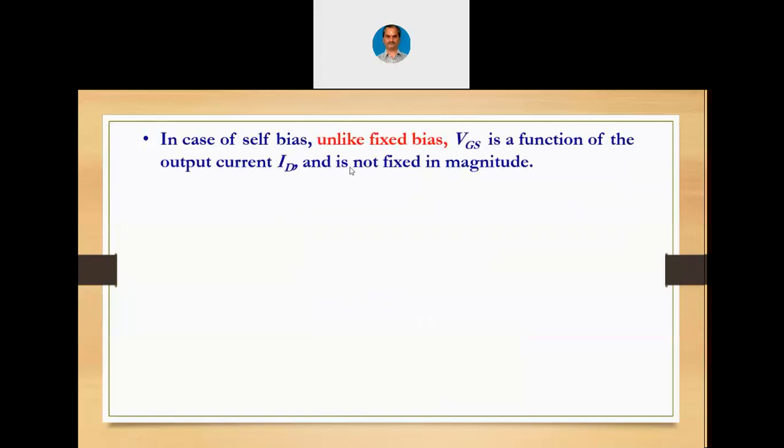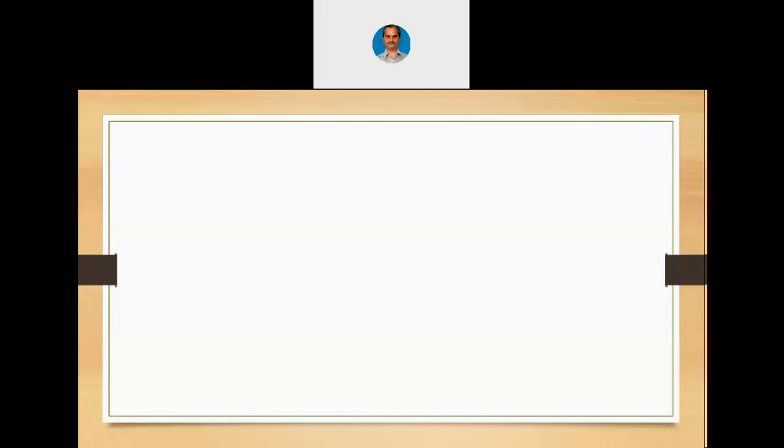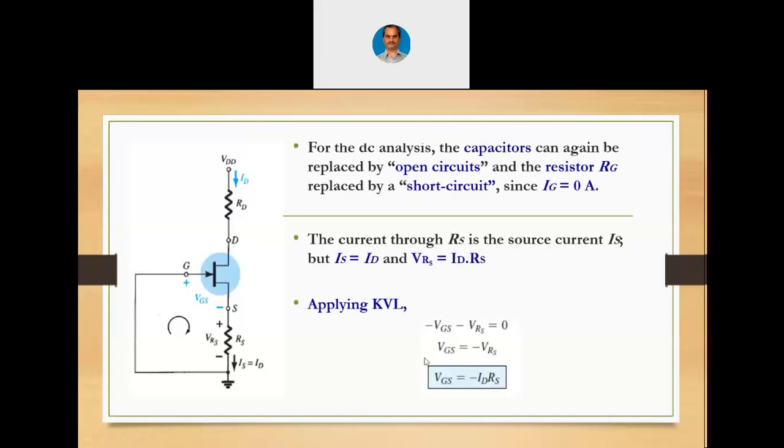In case of self bias, unlike fixed bias, VGS is a function of the output current ID and is not fixed in magnitude. Please understand this. In case of fixed bias, we had the VGS or gate to source voltage which was fixed. That means we were applying a power supply to the gate. But here you can see that VGS is minus ID into RS.